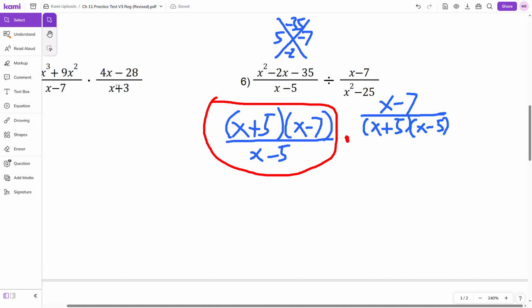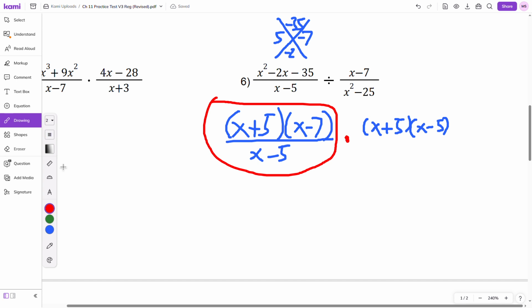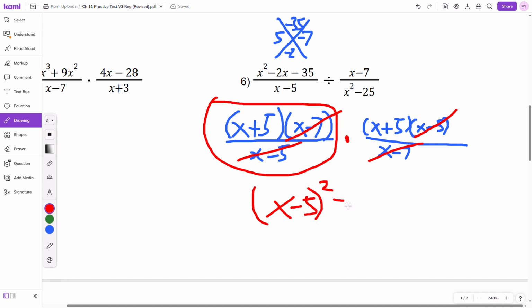So I'm going to put the denominator on top and the x minus 7 on the bottom. And now we can cancel some stuff. So x minus 7, x minus 7, x minus 5, x minus 5. So the answer is x minus 5 squared, or otherwise known as x squared minus 10x plus 25.